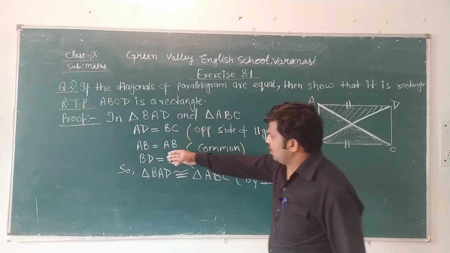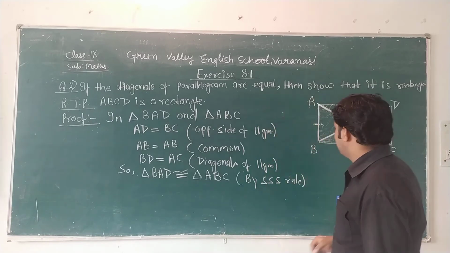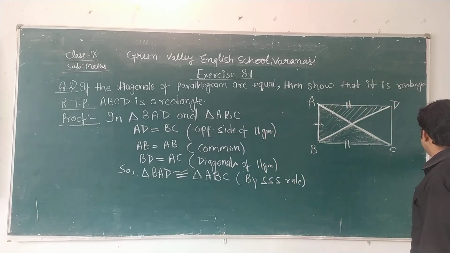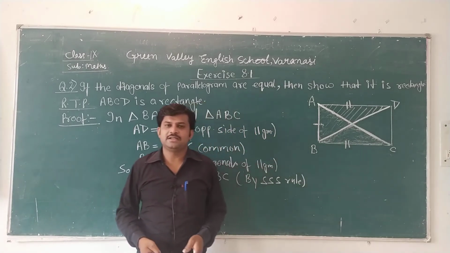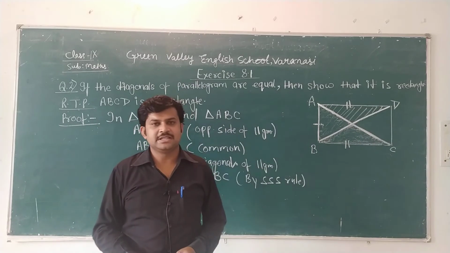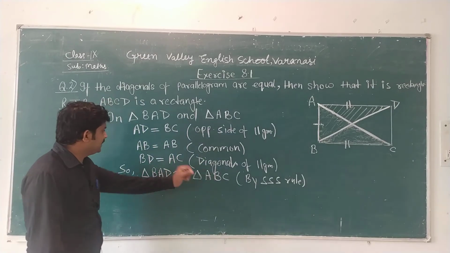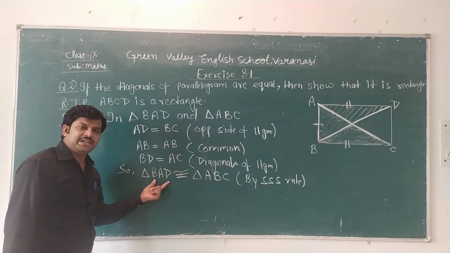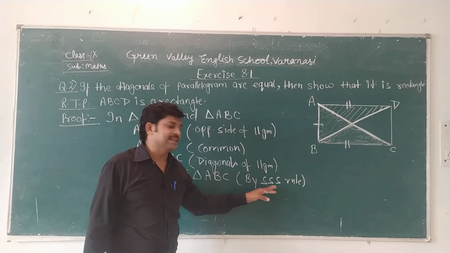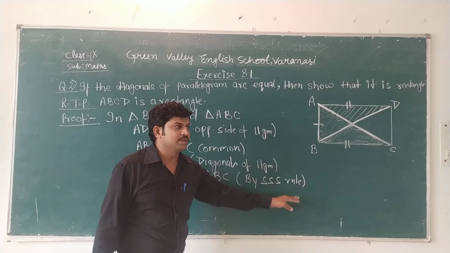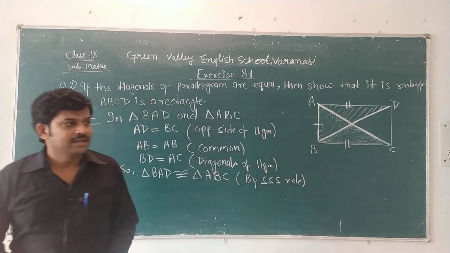If all sides of the first triangle are equal to corresponding sides of another triangle, then both triangles are congruent, by the SSS congruence rule.